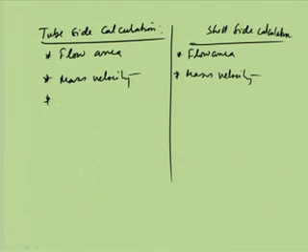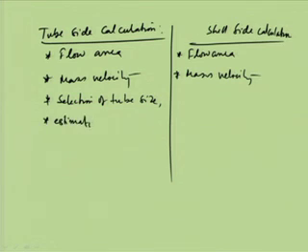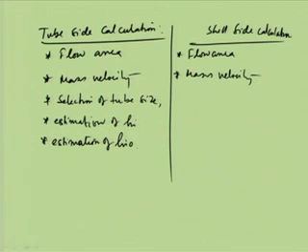then in this case we have the selection of tube size, estimation of hi, heat transfer coefficient, then estimation of hio, okay.